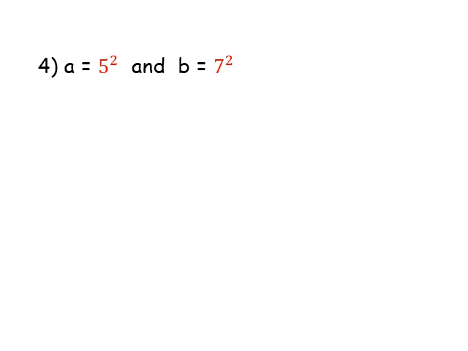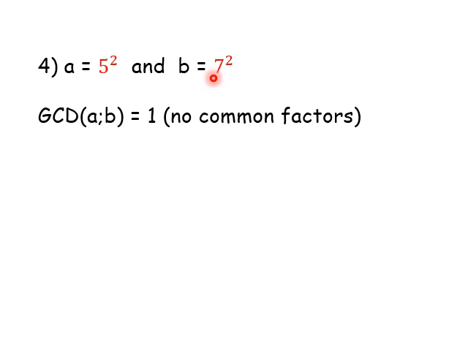now the last part. A equal 5 squared and B equal 7 squared. Is there any common factor between them? No, so their GCD is 1. They are relatively prime numbers. To find the LCM, I have to multiply the factors by each other.